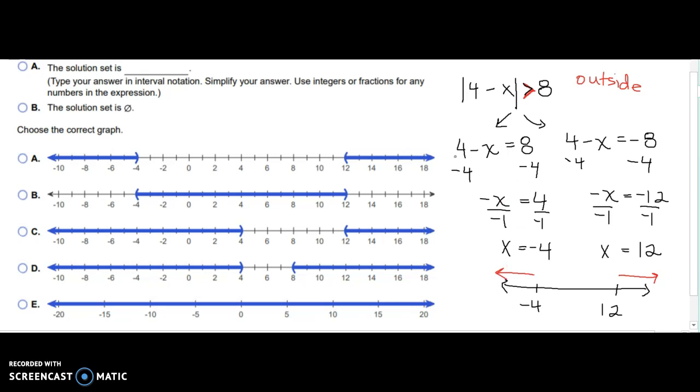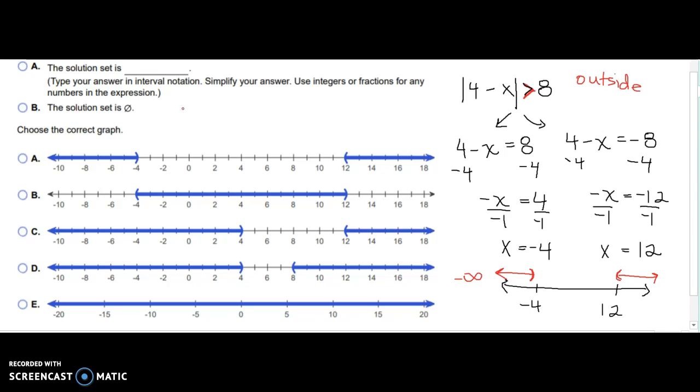If there's no line underneath, they'll both get a parenthesis. So it's from negative infinity to negative 4 with the parentheses. Then you'll put the U for union, and then positive 12 to infinity.